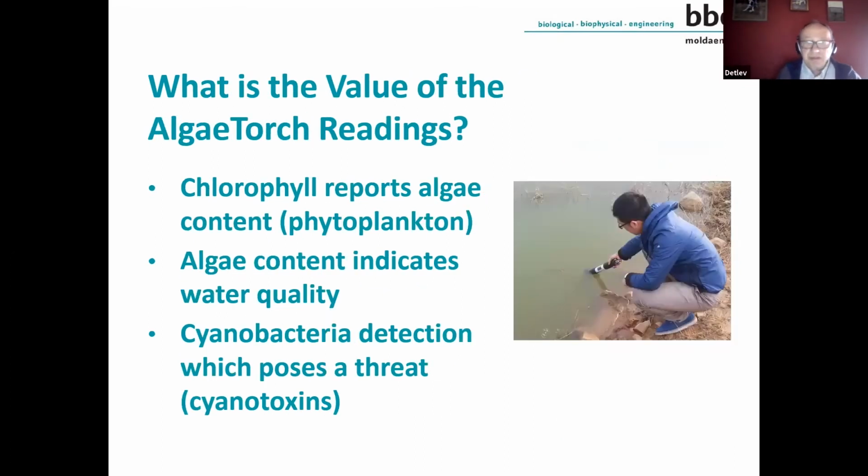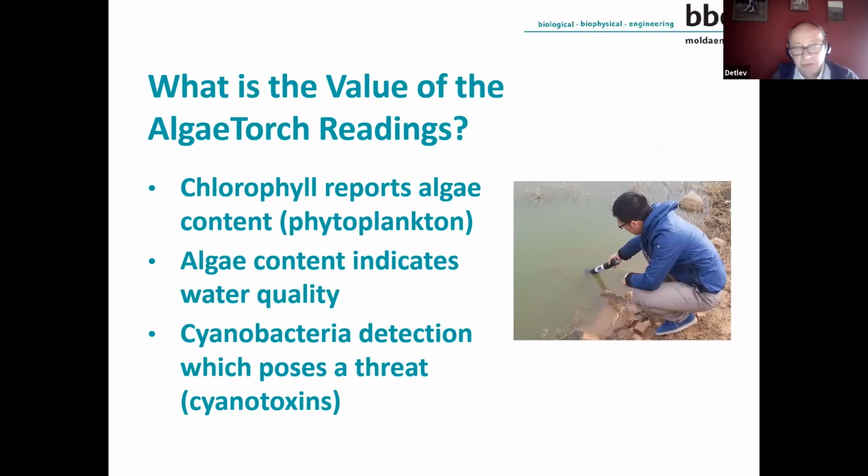So what's the value of the AlgaeTorch readings here? This is in a lake in China, where you get information about the chlorophyll content, which is a measure for the phytoplankton. And it also indicates the water quality.